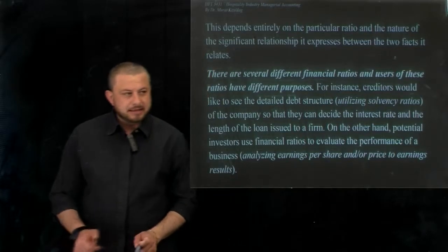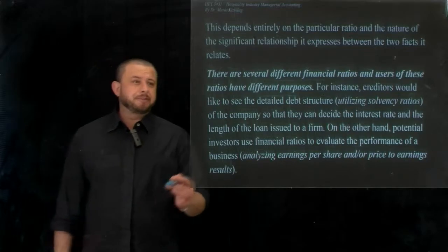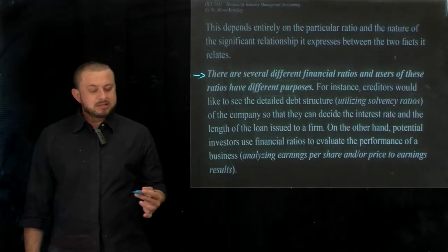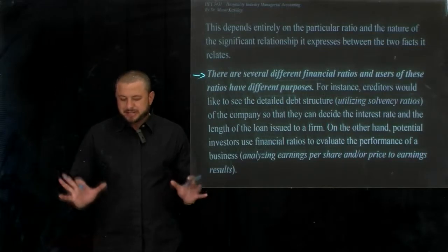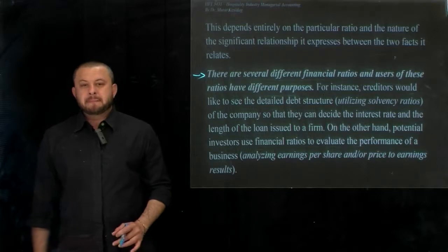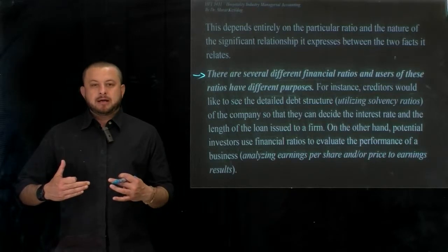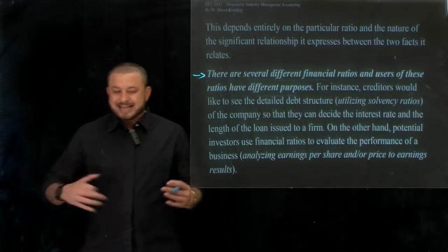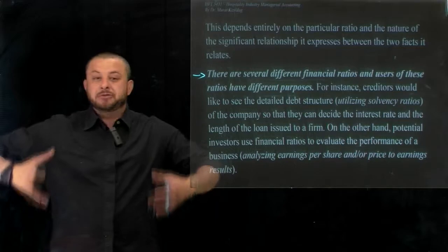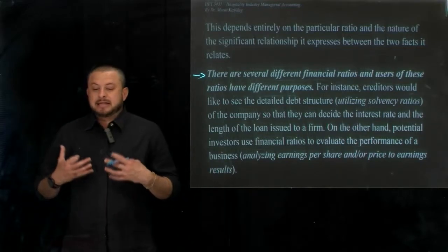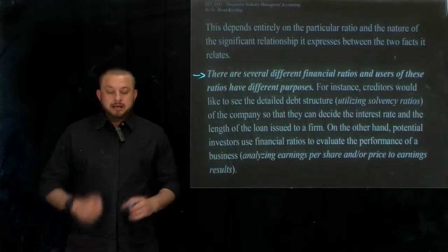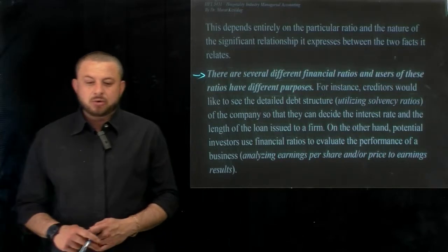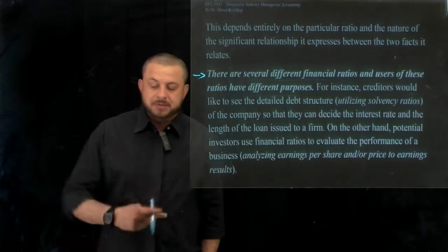Again, there are several different financial ratios, and there are different users, and different financial ratios are demanded by different types of parties. For example, let's talk about the creditors. Who are the creditors? They are the banks, the lenders. They have a pool of money, and they lend money to people or businesses to perform business tasks or to get into investments in the hospitality industry.